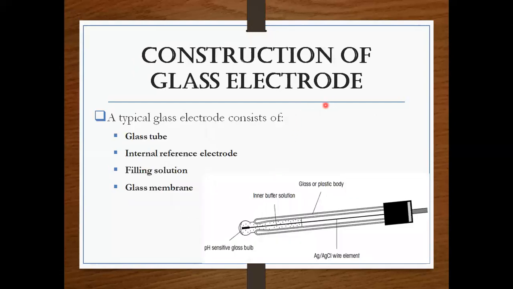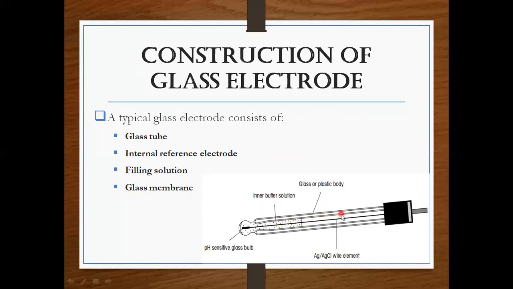And the next one is the construction of the glass electrode. A typical glass electrode consists of four things. The first one is the glass tube, the second one is the internal reference electrode, the third one is the filling solution, and the fourth one is the glass membrane. Here is a schematic diagram of the glass pH electrode. This is the glass tube, which may be made of glass or plastic.